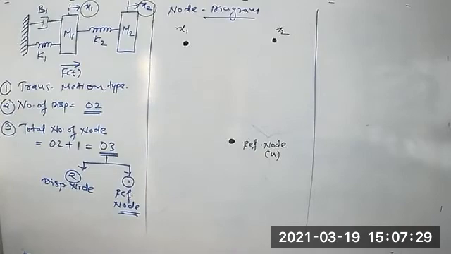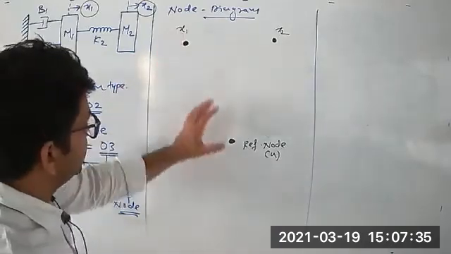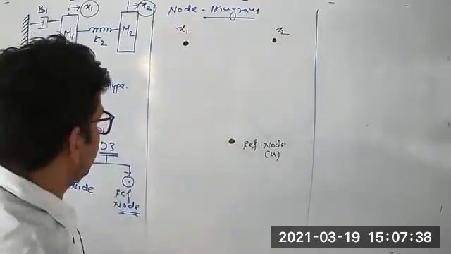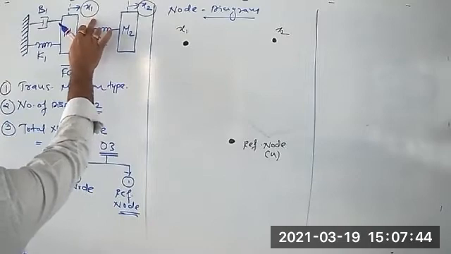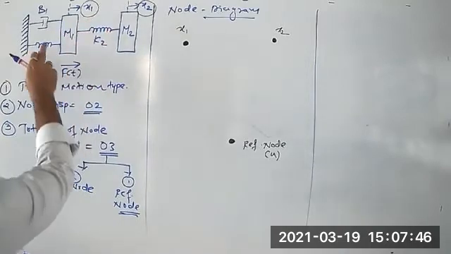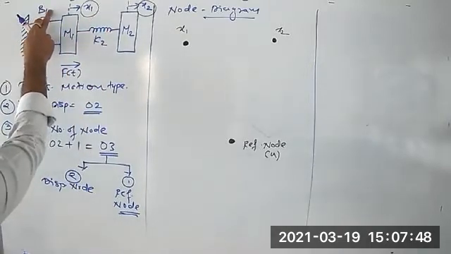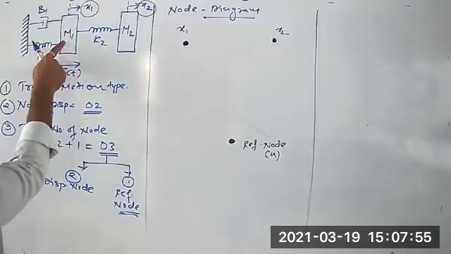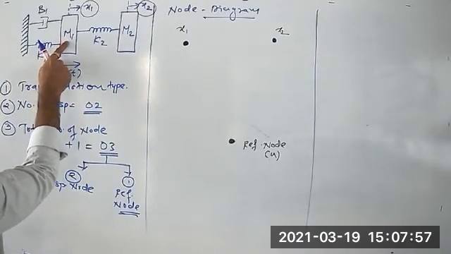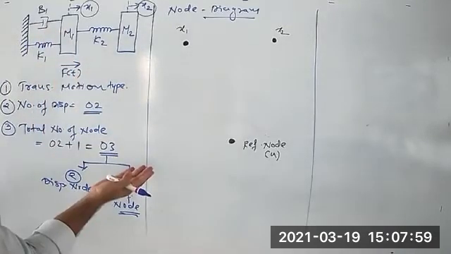Now we need to indicate each and every mechanical fundamental component in between the respective displacement node and the reference node. Let us start with the first displacement node. At the first displacement node we have the connection of the damping coefficient with respect to the reference node, then the spring constant K1 with respect to the reference node, then the mass component M1 with respect to the reference node.